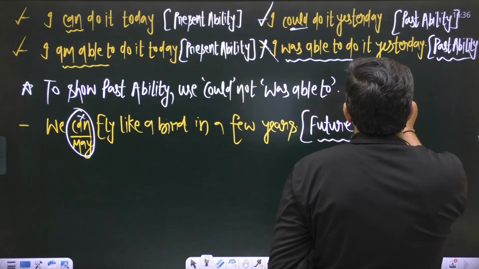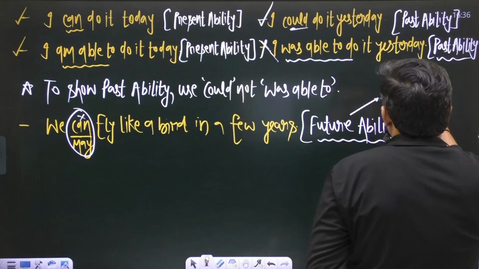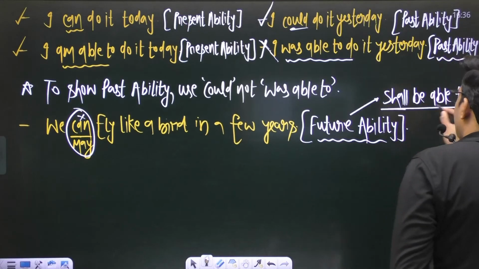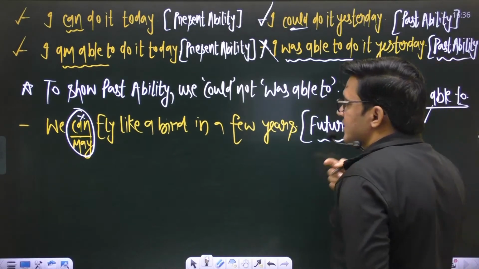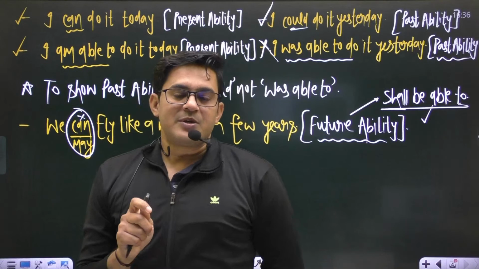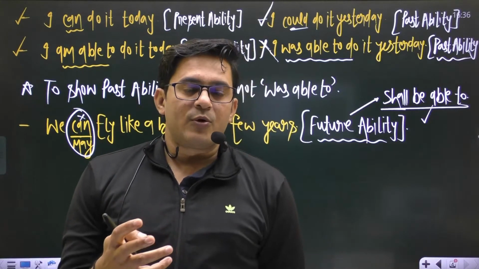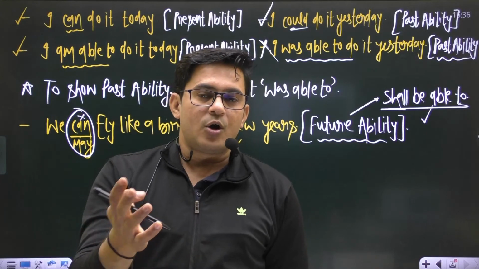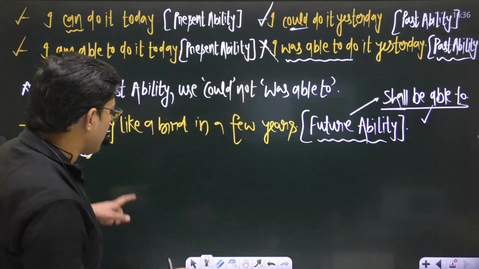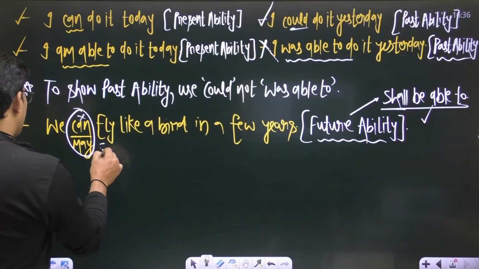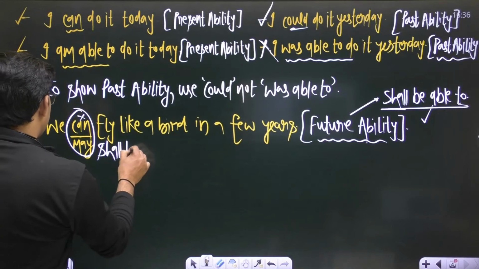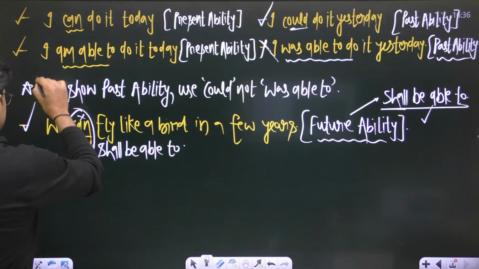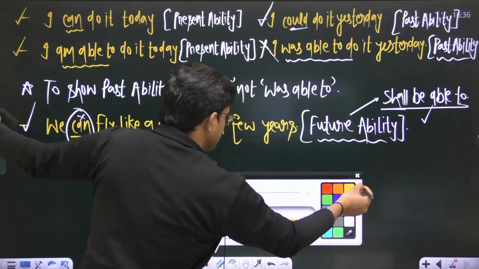This is the right way to make the sentence okay. The concept is, to talk about future ability, we use shall be able to, not can or may. Both are wrong. The sentence will be, we shall be able to fly like a bird in a few years. By doing this, the sentence is fine now.